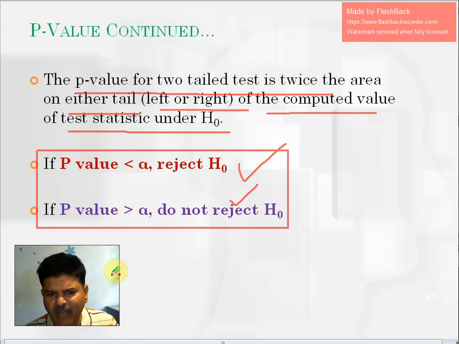If the calculated value of z is less than the table value of z, we do not reject the null hypothesis. And if the calculated value of the test statistic is more than the table value, then we reject the null hypothesis. That is one case. In another case, if we calculate the p-value, if the p-value is less than alpha, we reject the null hypothesis. And if the p-value is more than alpha, we do not reject the null hypothesis.